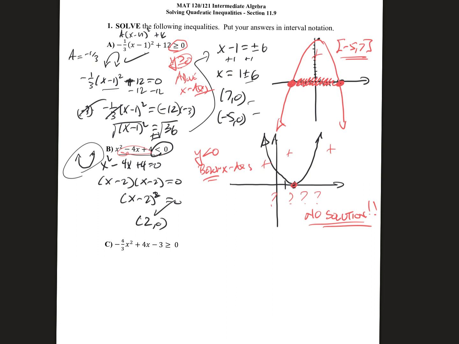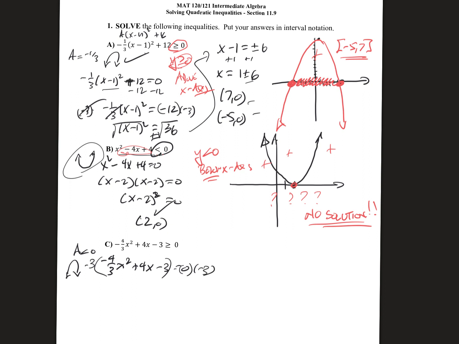All right, for the next one, the slight wrinkle that I put in this one is the fact that there's a fraction in front of it, but have no fear, we can handle that. Again, I see that my A is less than 0, so I have a parabola that's opening downwards. In terms of my x-intercepts, I'm going to set this equal to 0. And I think the best thing to do at this juncture is to multiply both sides by negative 3.